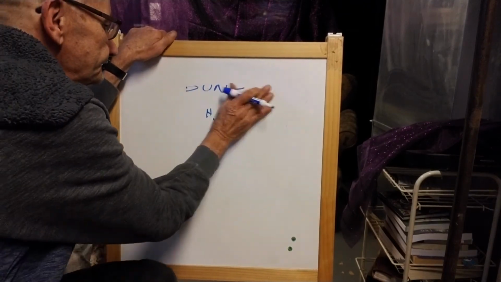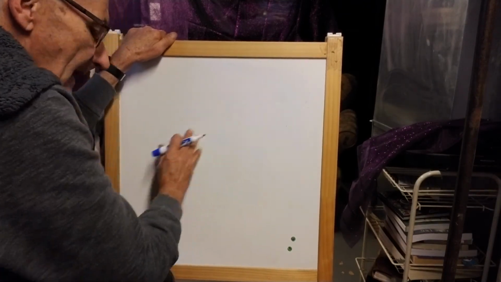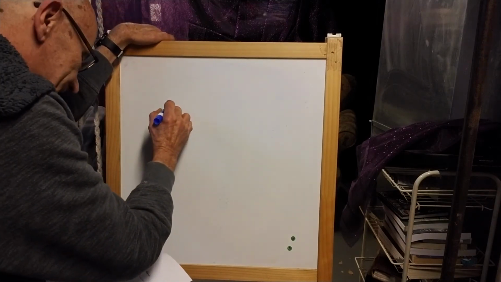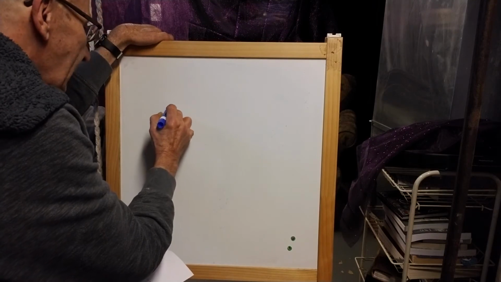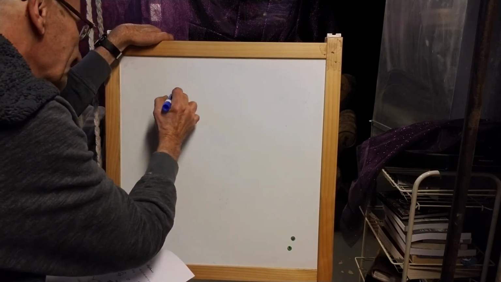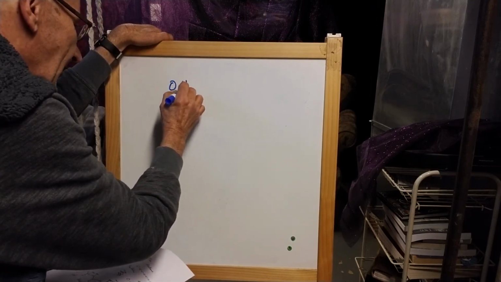Now, I'm going to draw. I have to do this because it's just important. Okay, so bear with me for a minute. We have a phosphorus with an OH group.